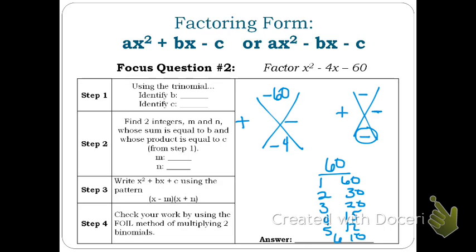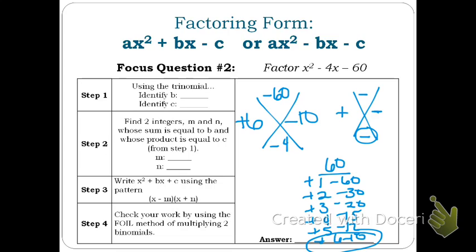So I'm expecting all my small numbers to be positive and all my larger numbers to be negative. And I'm trying to find which pair equals negative 4 when I add them together. And that would have to be my positive 6 and my negative 10, because 10 minus 6 is 4, and the bigger sign wins, so it would be negative.